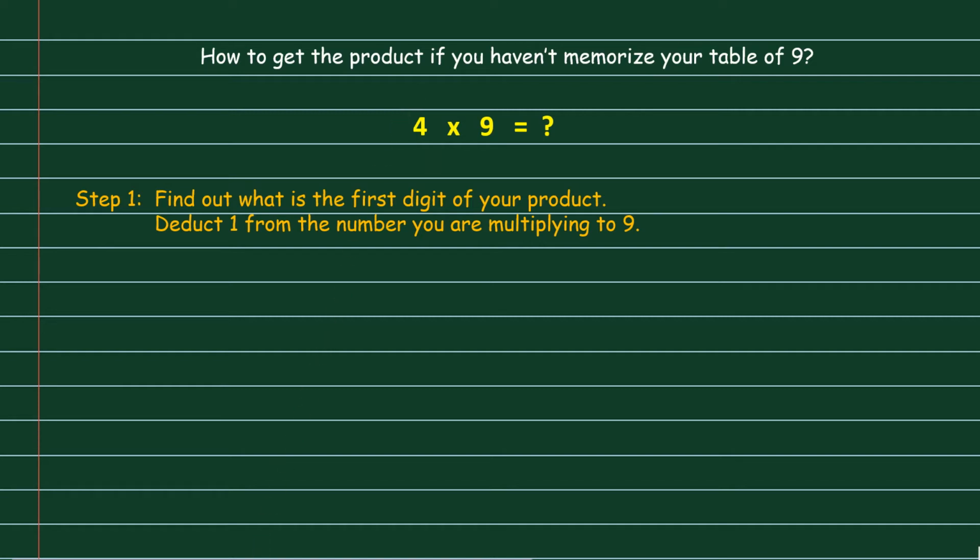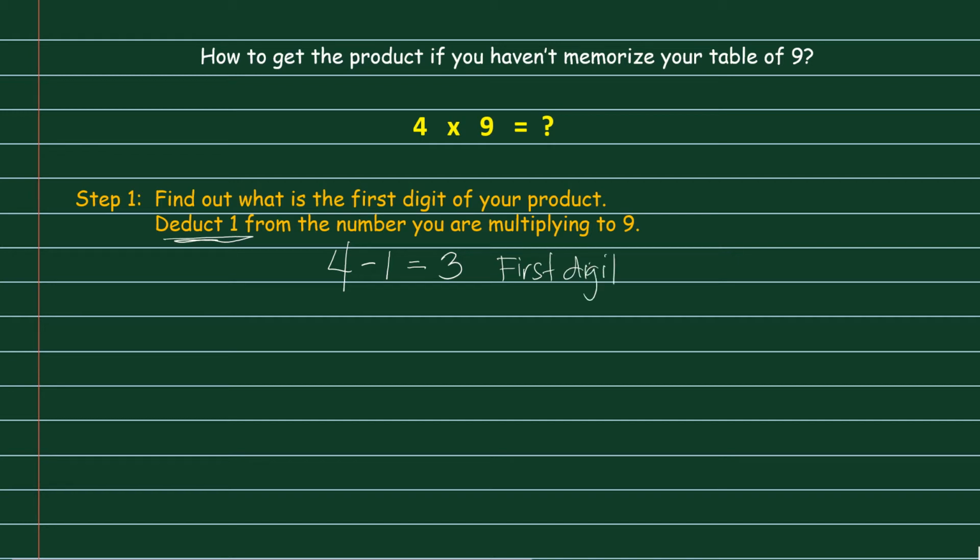So, let's put 4 here. Okay, if you notice, we always deduct 1. So, para makuha ang first digit, parating babawasan ng 1, yung number na minumultiply sa 9. So, 4 minus 1, we have 3. So, this 3 is our first digit.